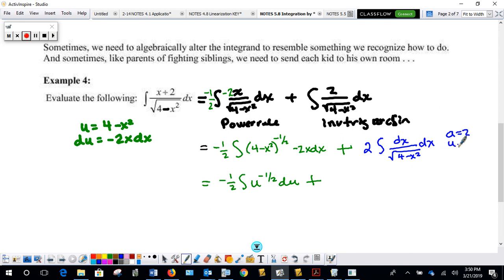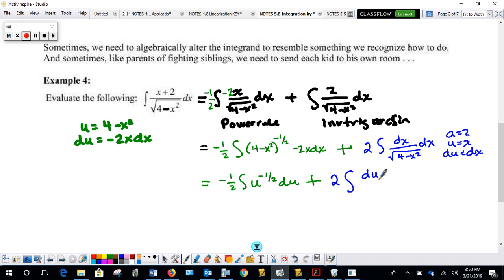I'm going to let u equal x, and my du equals dx. So on this one coming down, we would have 2, and we would just go straight to our arc sine.